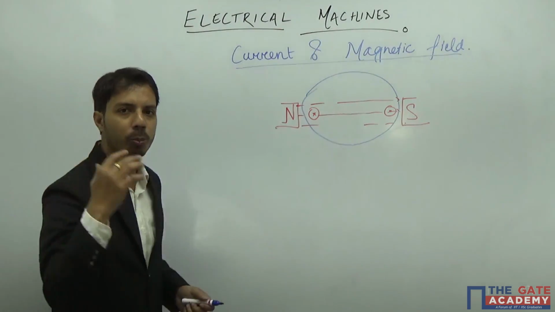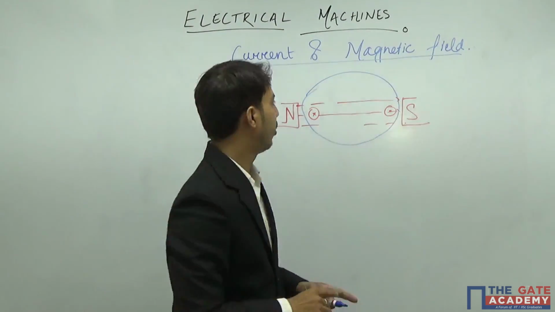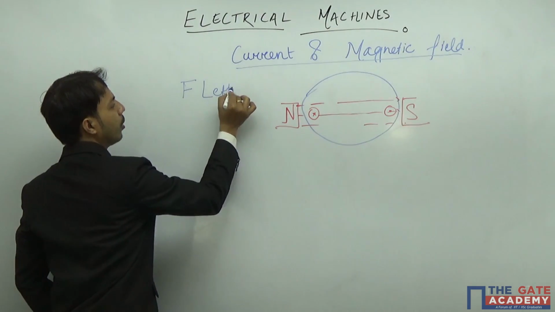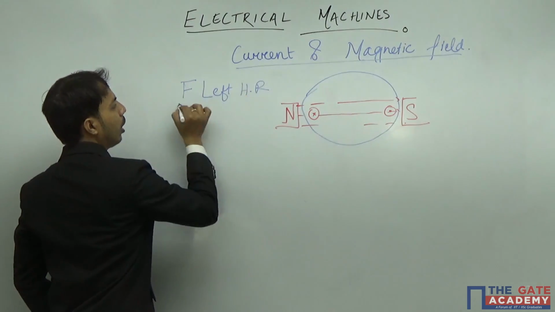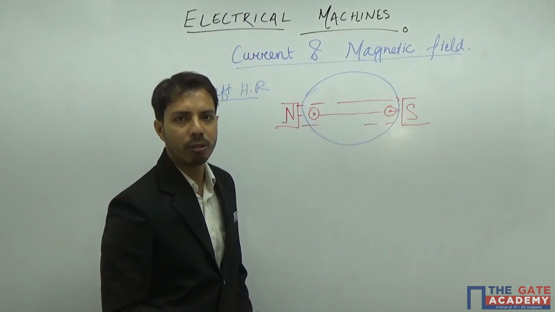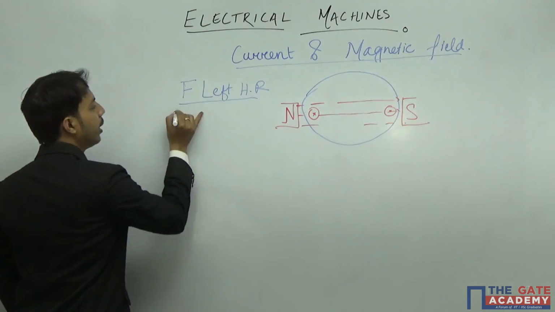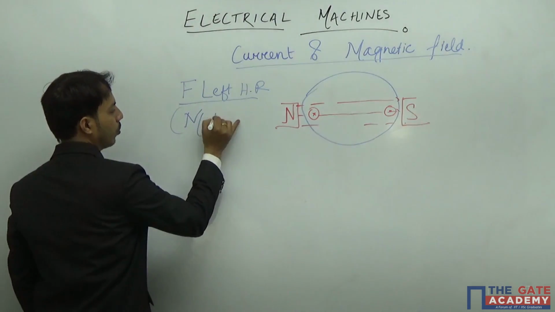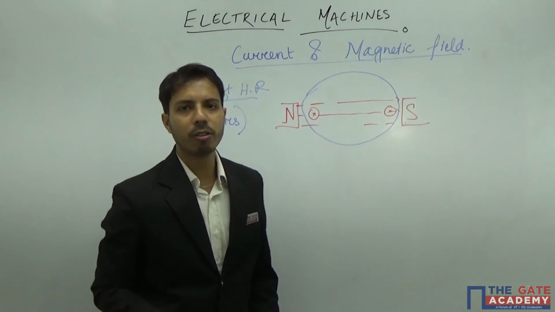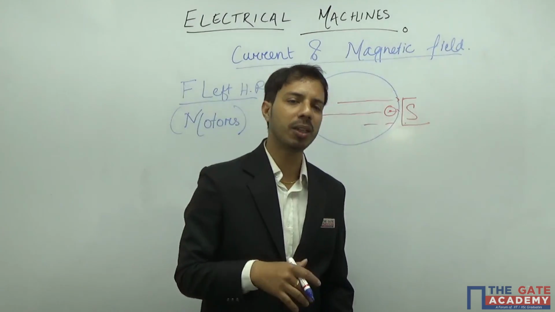Now let me find out by Fleming's left hand rule the direction of the force. I will use this convention only in the case of motors, so it is beneficial for finding the direction of rotation of motors.